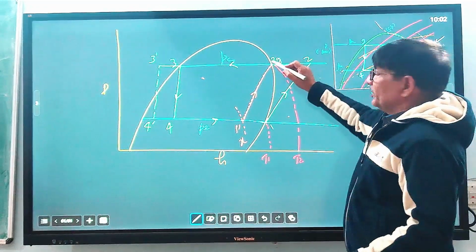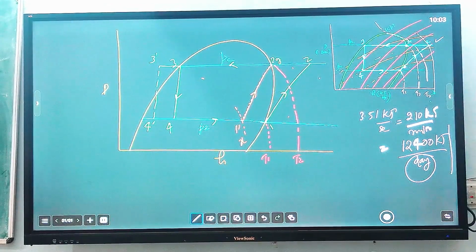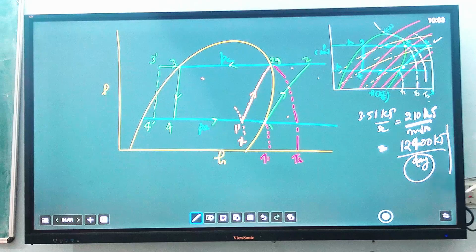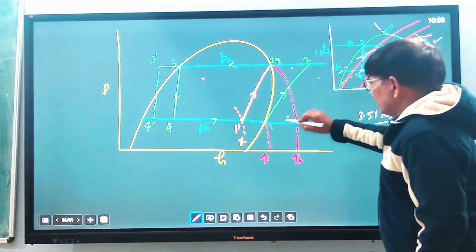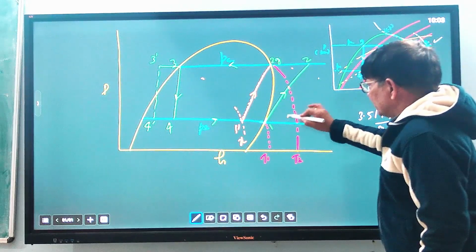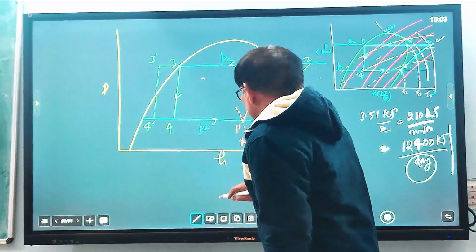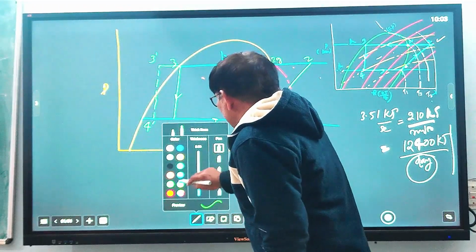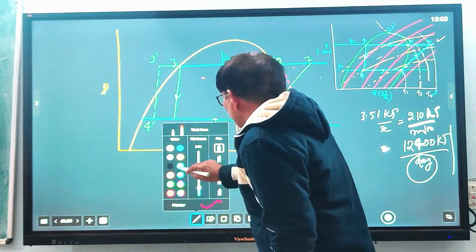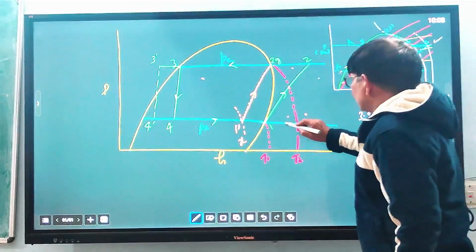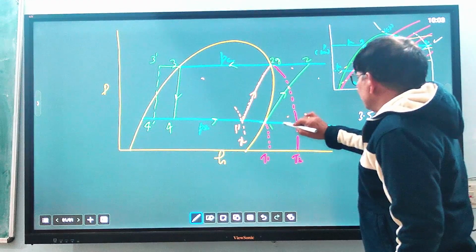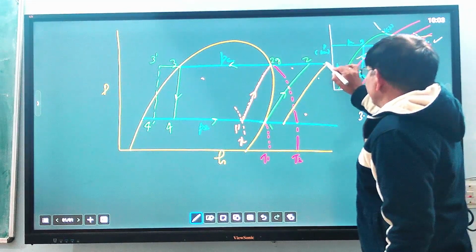So for practical operation, there will be a little bit of superheating. We take some superheat, 5 to 10 degrees, which is required to operate this properly. So we take some superheat here, and this is the actual practical process.